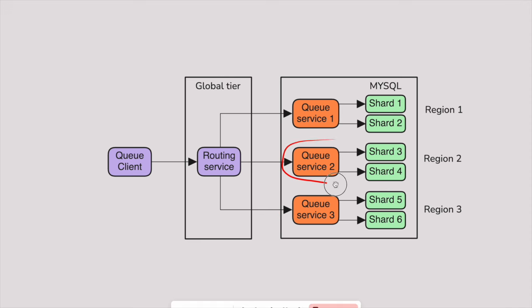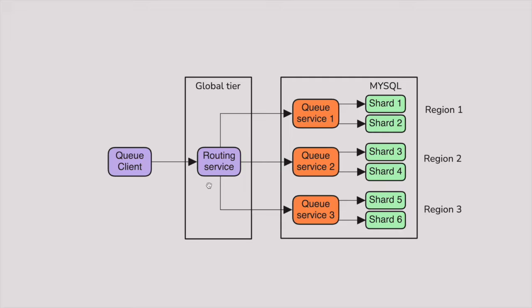For instance, the client can say, I prefer my messages to be stored in region 1 or region 2, and the routing service would make a best effort to do that. And if the client doesn't specify anything, then the routing service would just assign a specific region for the client that would be the closest. So this solves the automatic failover issue that we have.